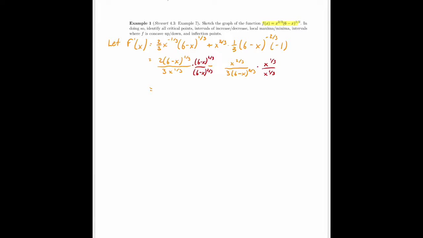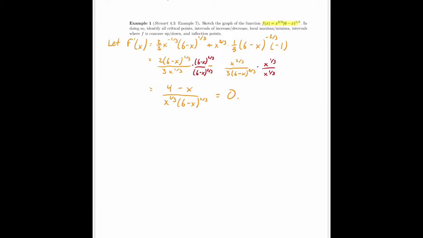After you do a bit of simplification, you're going to wind up getting 4 minus x all over x to the 1/3, 6 minus x to the 2/3. If you have questions about that, then please ask me tomorrow or the next class. And that's what we're going to set equal to 0.